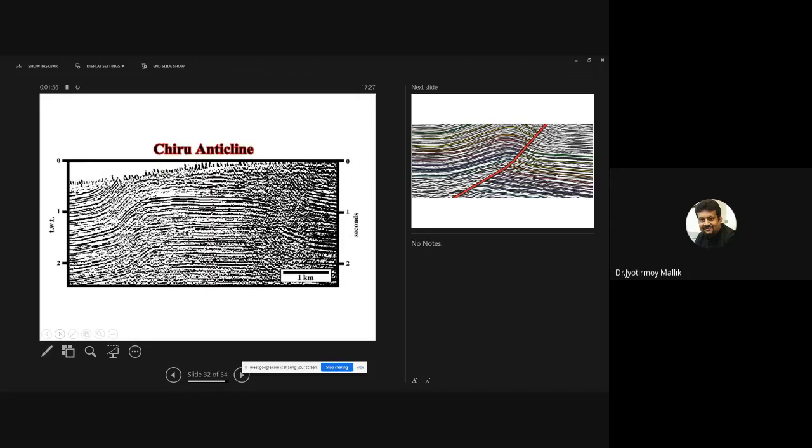Now this is another interesting one. So you can see here it's an anticlinal structure. This part of the seismic is not that great, but I can kind of interpolate them to look like this. And this is a typical box fold.